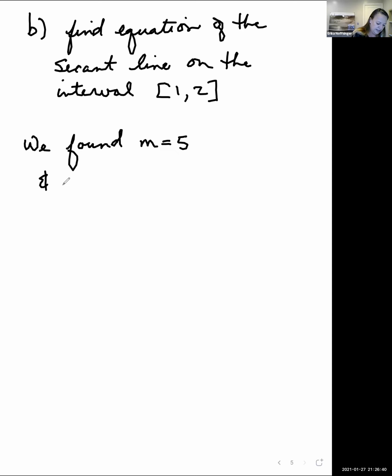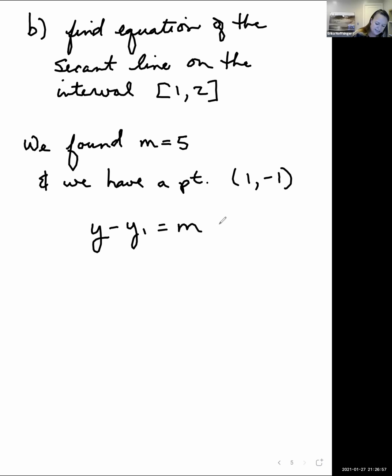And we have a point. One of them was (1, -1). So we can use y minus y sub 1 equals m times x minus x sub 1, where this would be our x sub 1 value and this would be our y sub 1 value.